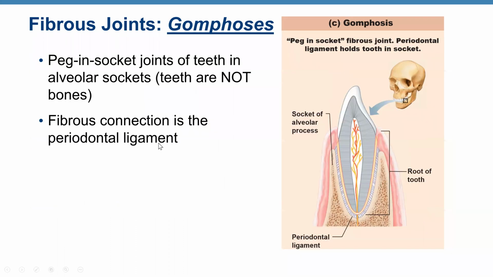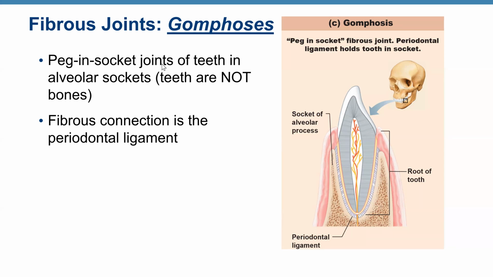Okay, and another fibrous joint, the last example of fibrous joint is gomphosis. It's a peg-in-socket joint of teeth in alveolar sockets. Teeth are not bones, right? So we just said articulation and joints are when two bones come together, but in this example, we have bone and a tooth, but there is still a fibrous tissue between the bone and the tooth, and it's called gomphosis, or another name is periodontal ligament.